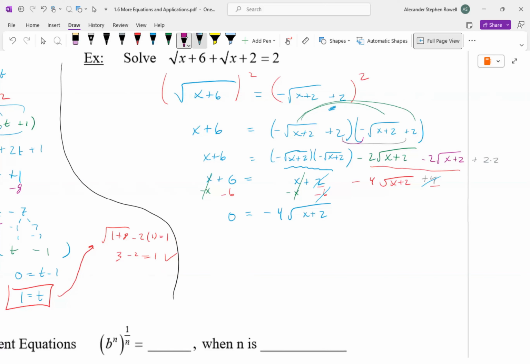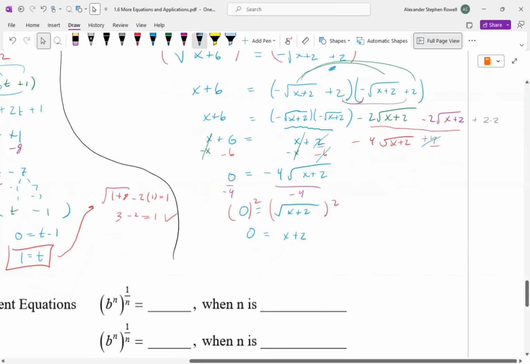Yeah, let's divide by negative 4. What's 0 divided by negative 4? Yeah, 0 divided by anything is 0. And now that we've isolated the radical, we square both sides. And we get x plus 2 is equal to 0.